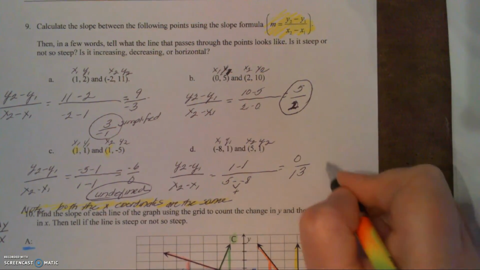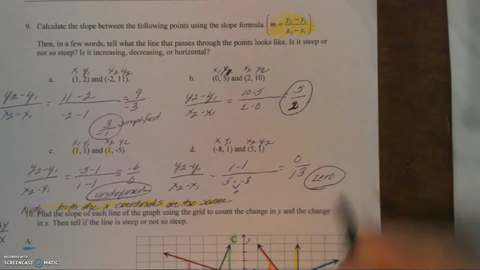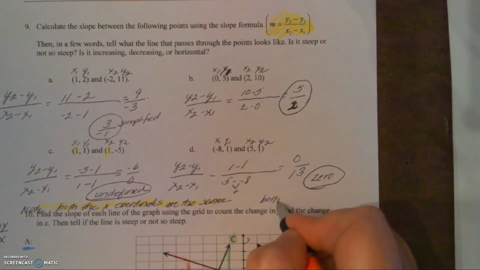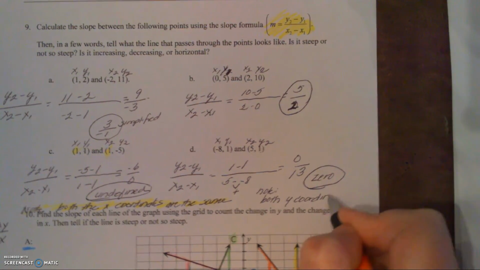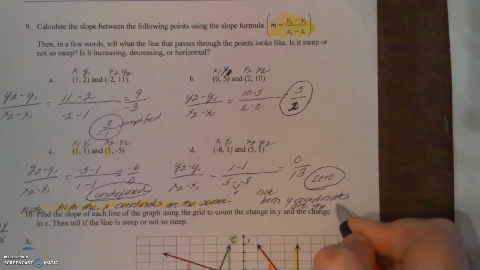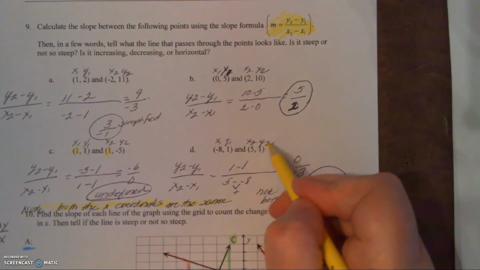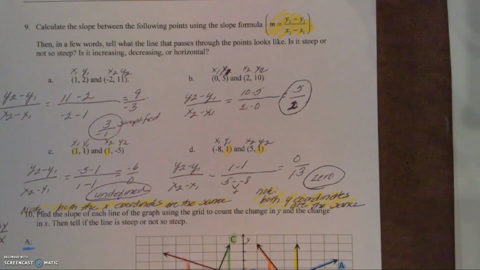Now this is a 0 slope. Okay? And I want you to note both y-coordinates are the same. So you notice the y's are both 1, and that would be 0.